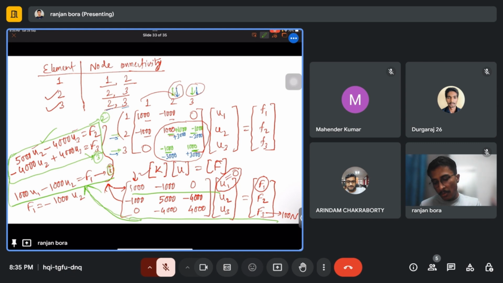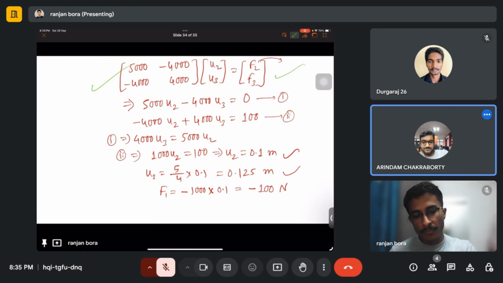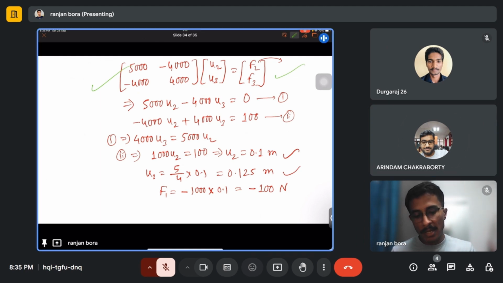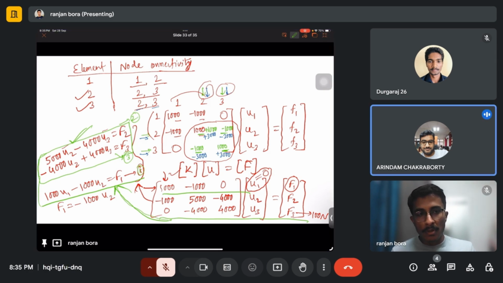So F1 is not coming here, because we have taken only the second and third equations.